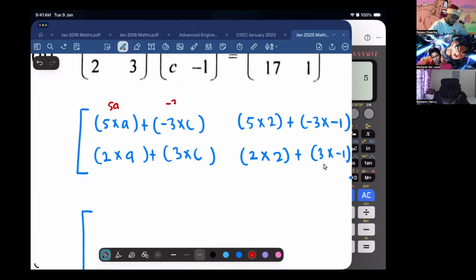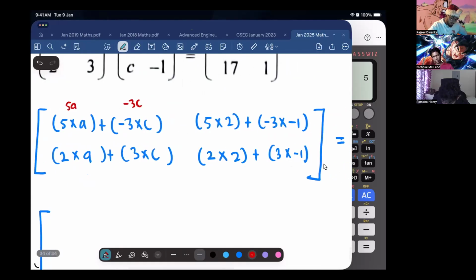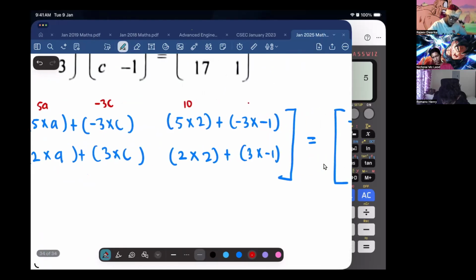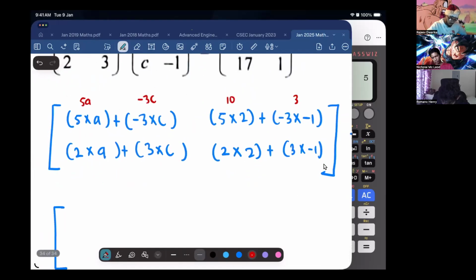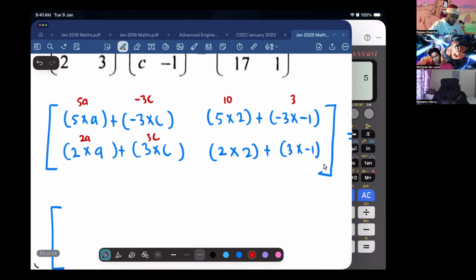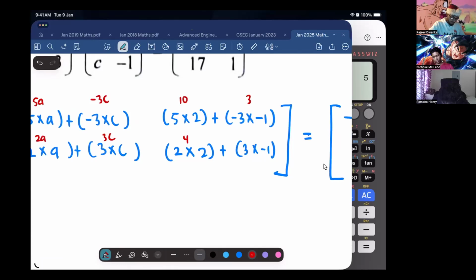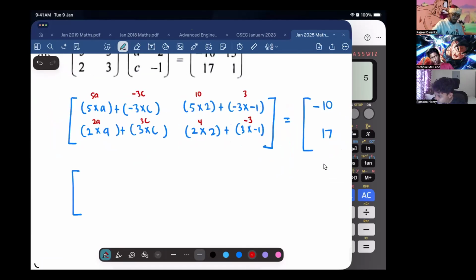Negative 3C. 5 by 2 is? 10. Minus 3 by minus 1 is? Positive 3. 2 by A is? 2A. 3 by C is? 3C. 2 by 2 is? 4. 3 by minus 1 is? Negative 3.